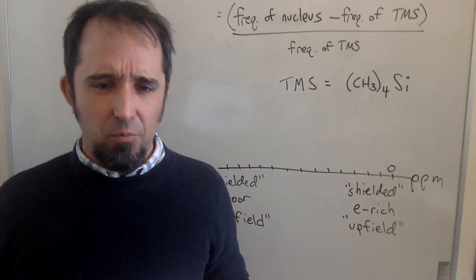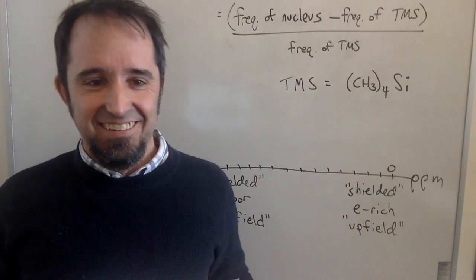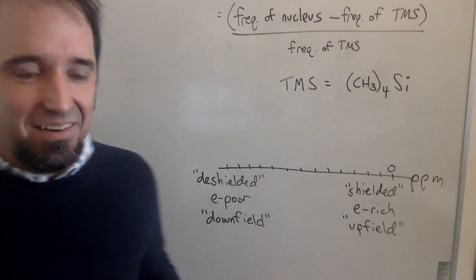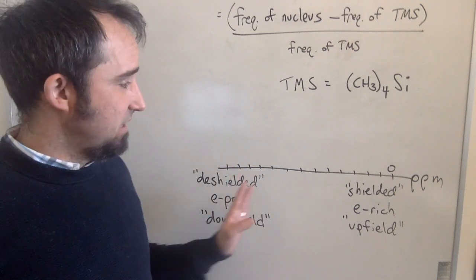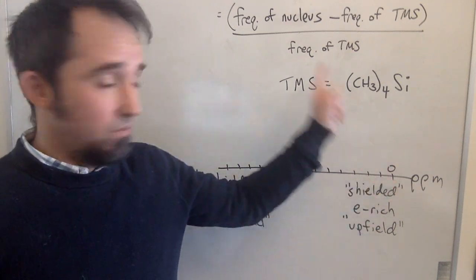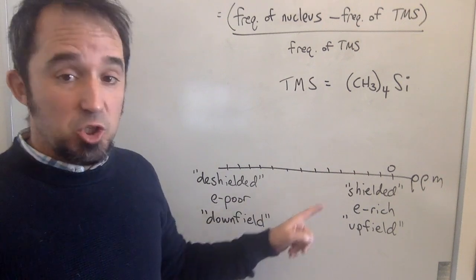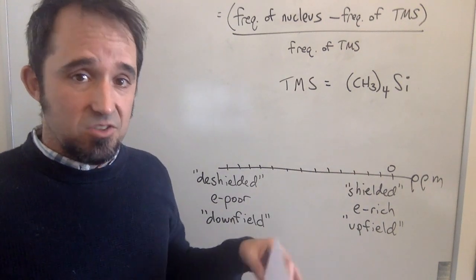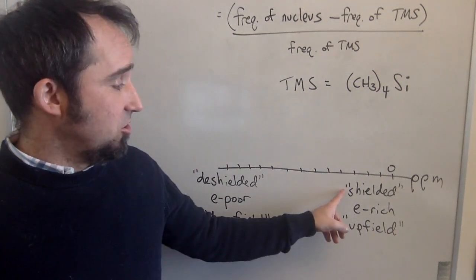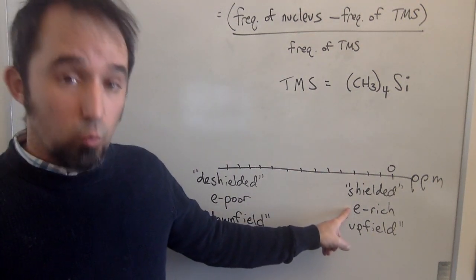So what does an NMR printout look like? It looks like this. So essentially we've got peaks around an x-axis. The peaks that are to the right, smaller numbers of this ppm, are considered shielded. So they are feeling less of that big external magnetic field. And they're shielded because there are electron-rich nuclei.